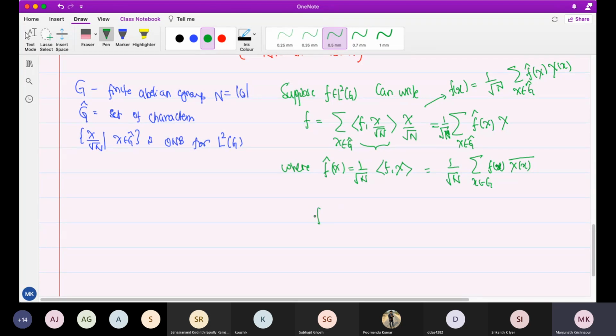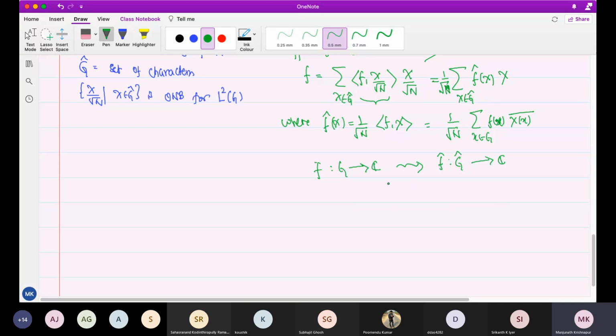So f hat is a function. f is from G to complex numbers, and it gives f hat, which is a function from G hat into complex numbers. This is called a Fourier transform.